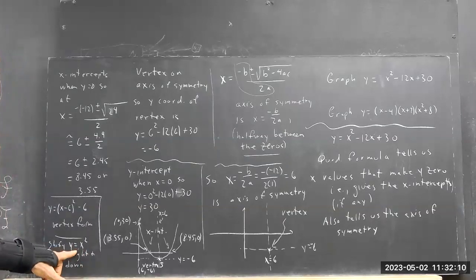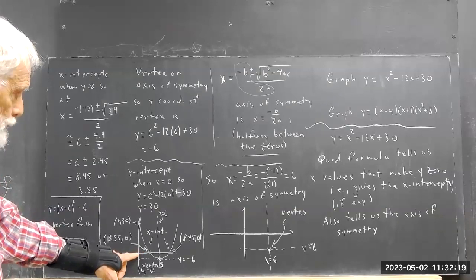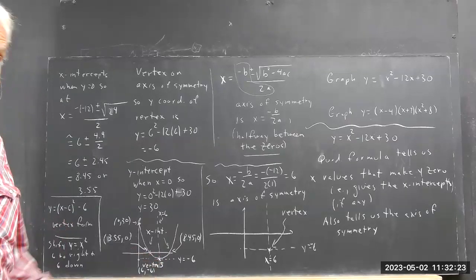Well, where's the vertex of the y equals x squared graph? It's at the origin, right? The vertex starts here. Then we shift 6 units to the right and 6 units down, and lo and behold, we're at (6, -6), and that's where the vertex is.